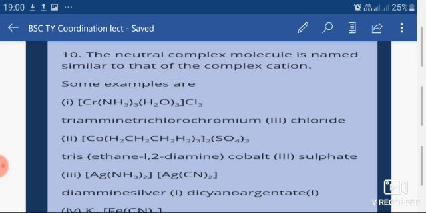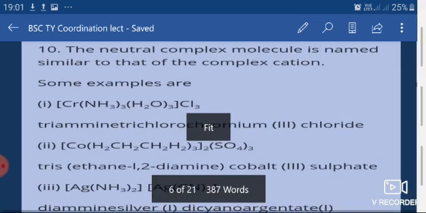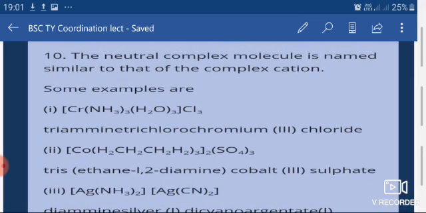Here is one mistake while typing. You must consider it as triamine, triaqua, chromium(III) chloride. By mistake, I have used trichloro instead of triaqua. So note that here, triamine, triaqua, chromium(III) chloride may be considered.